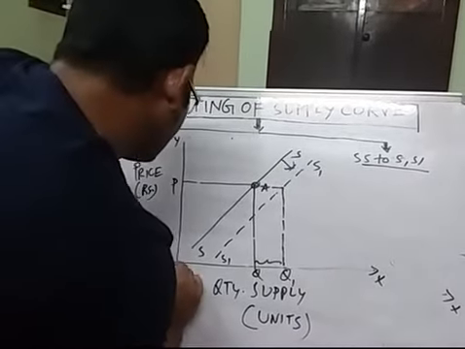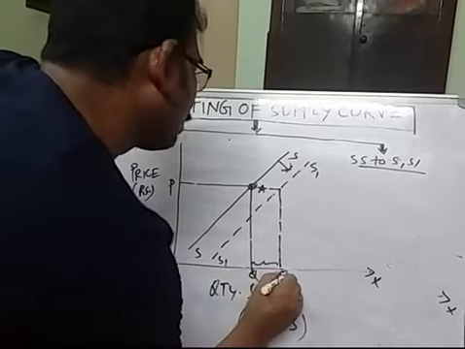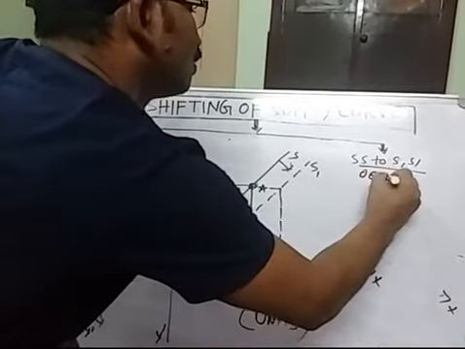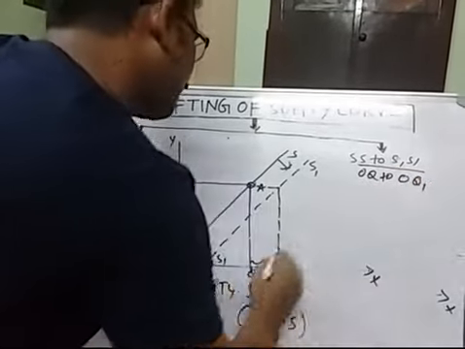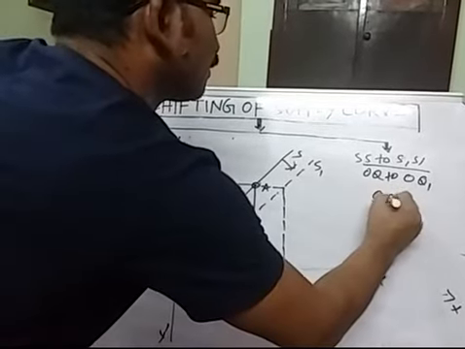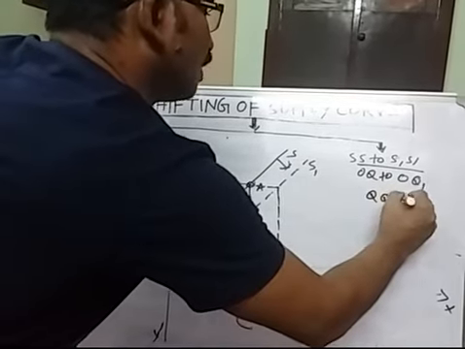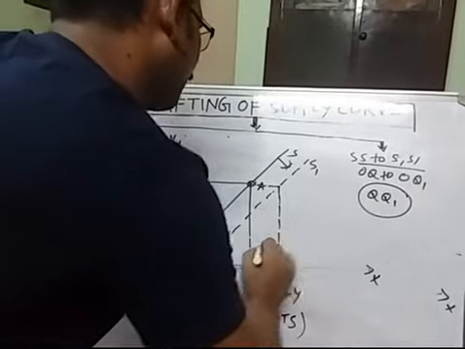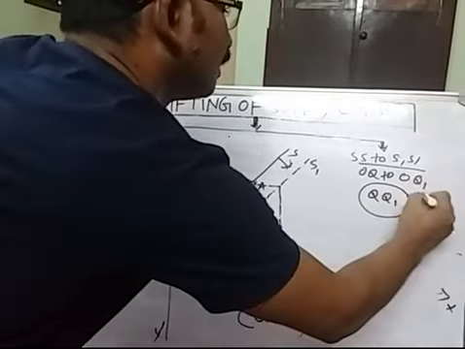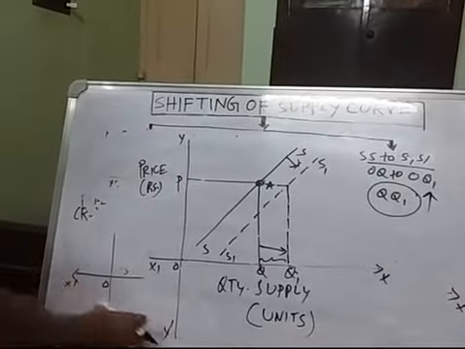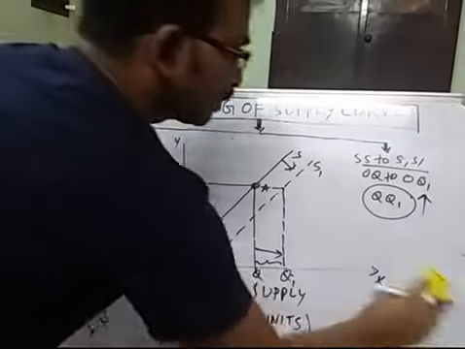The supply increases from OQ to OQ1. So OQ to OQ1, that means QQ1 portion of supply is increasing. Clear on this part?